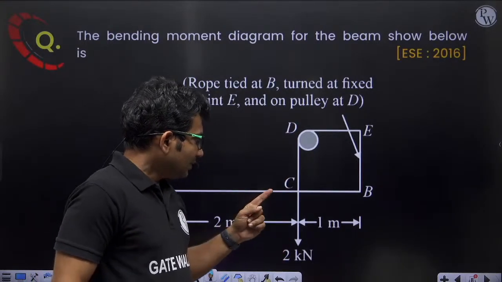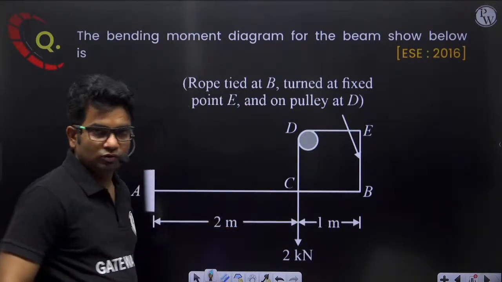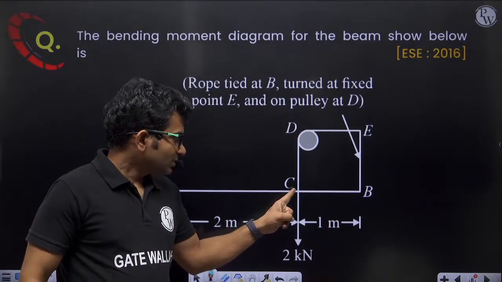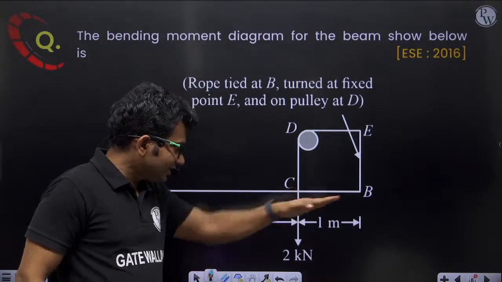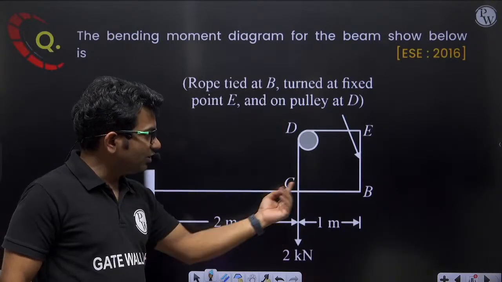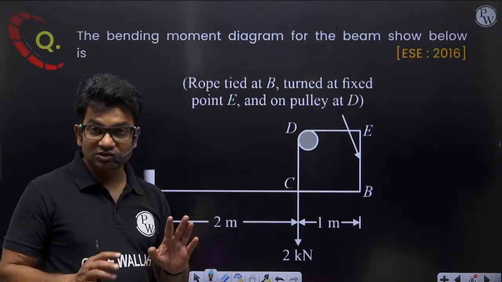But it is not clear whether this rope is tied at C also or not. It is not given that this rope is somehow attached to the beam at C, or it is independent of the beam. It is not touching the beam, it is just going downward. This is not given in the question.